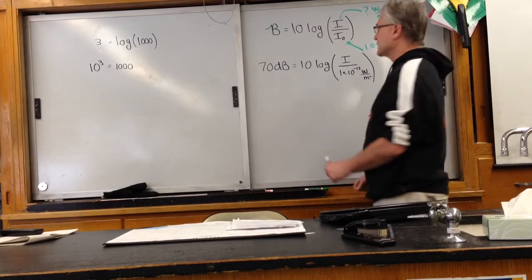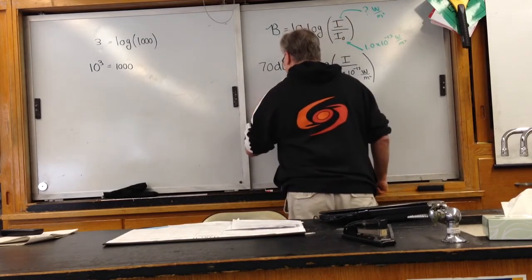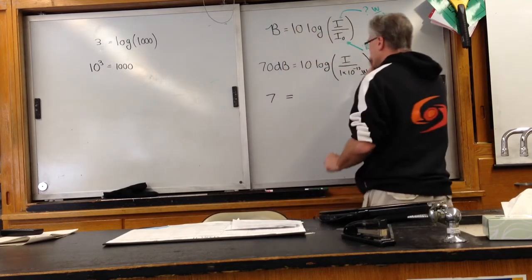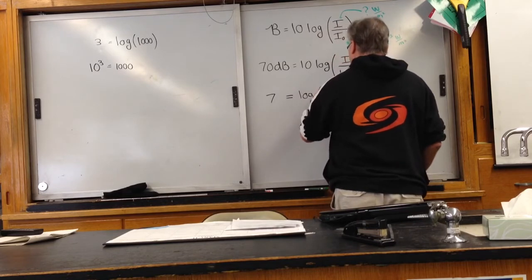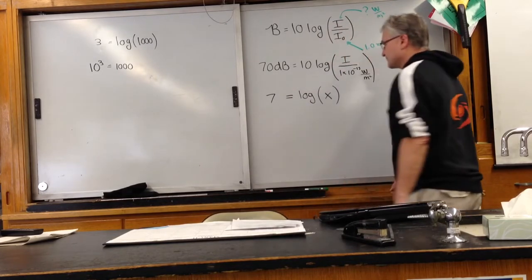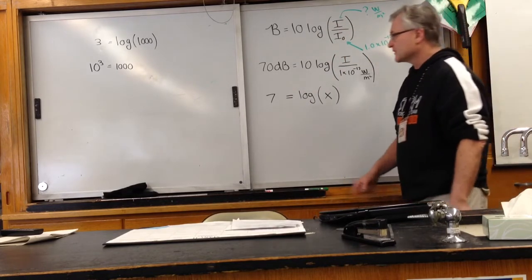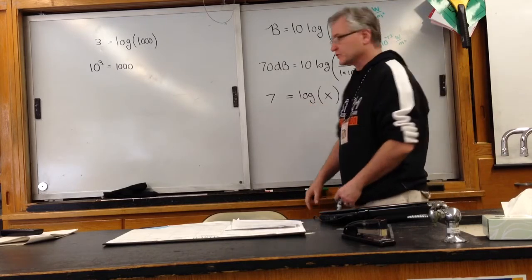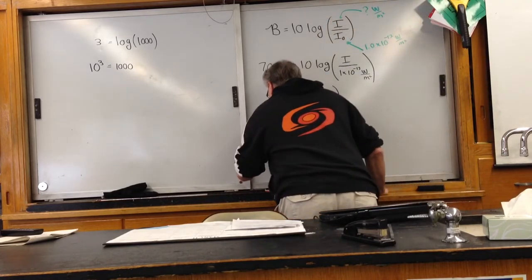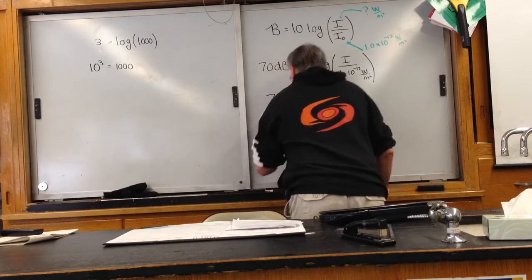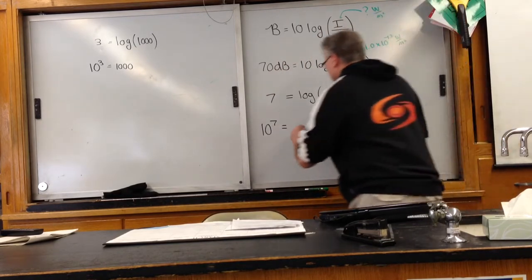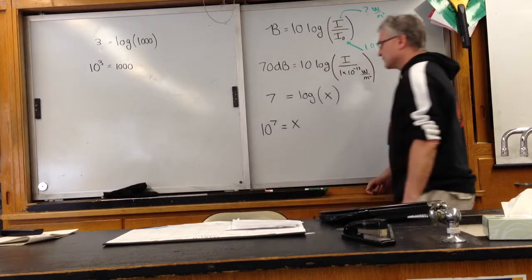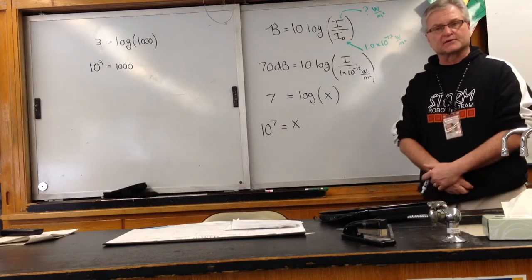I'll divide both sides by 10. 70 divided by 10 equals 7, and I'm left with the log of whatever is inside the parentheses. Remember, this is the exponent. So 10 to the 7th is equal to the number inside the log symbol.